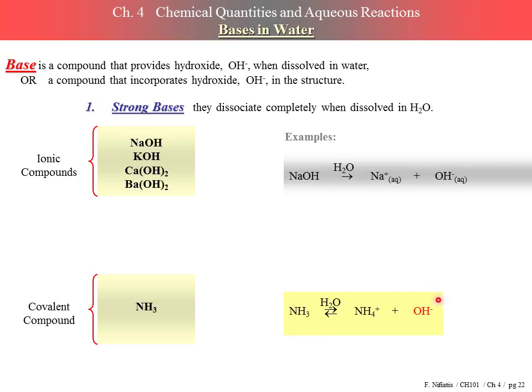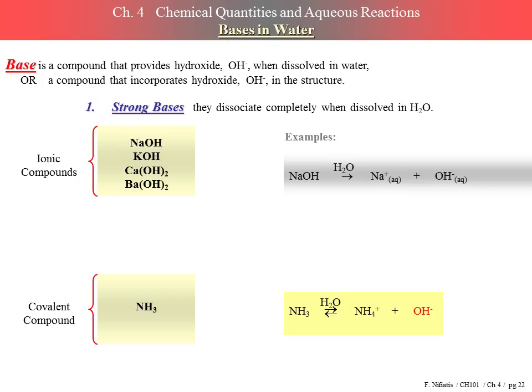This is the chemical reaction that describes the basic character of the ammonia. Basically, the ammonia is reacting with the water in order to give ammonium cation and hydroxide. How is that possible? The ammonia is going to pick up a proton, an H+ from the water, and hydroxide is what's left back.